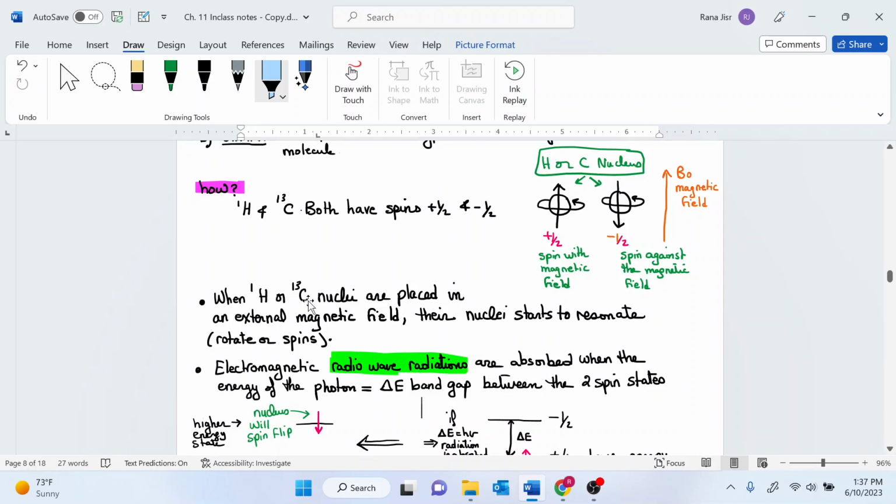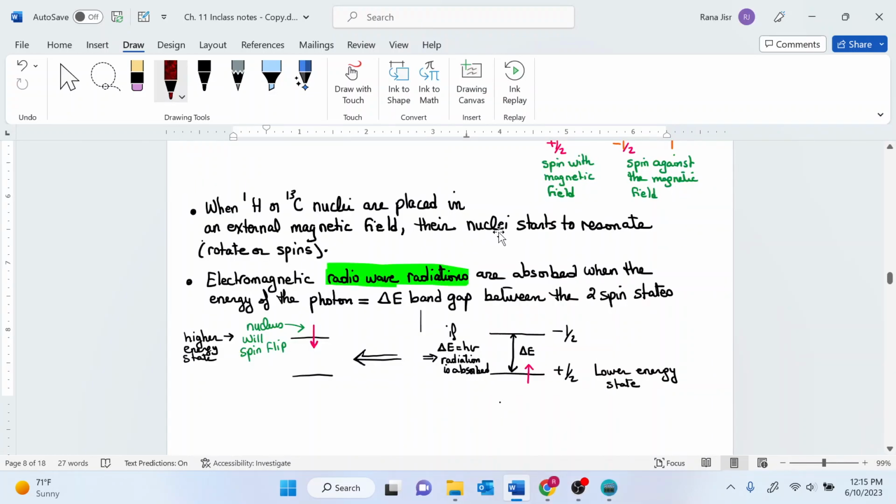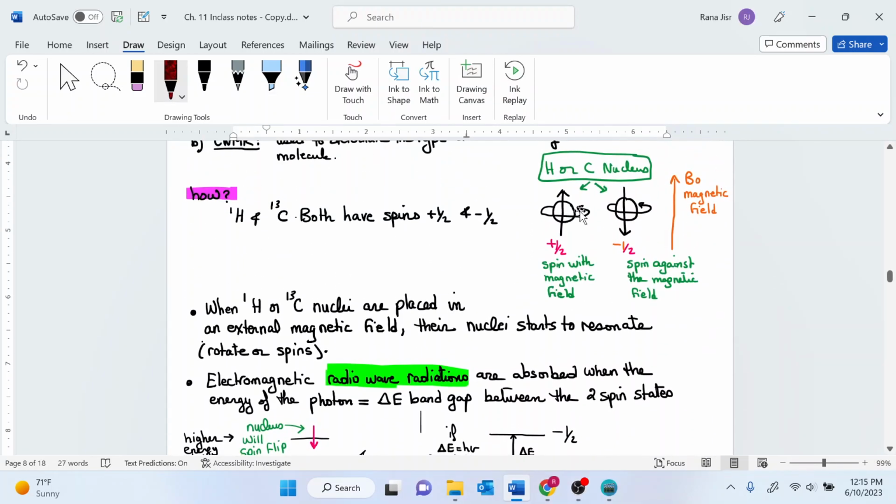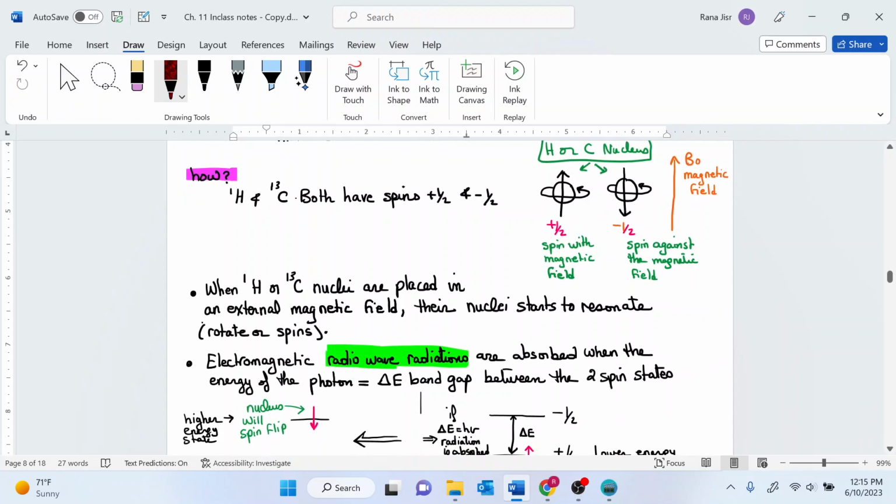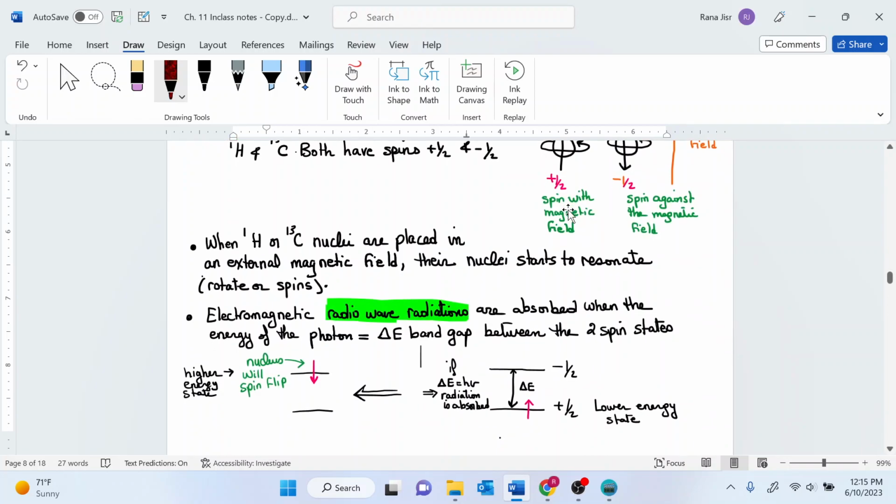When we take a proton or carbon-13 nucleus and place it in an external magnetic field, the nucleus is going to start to spin. Another term we give is resonate. It will only absorb radio wave radiation whenever the energy of the photon is equal to the band gap between the two spin states.